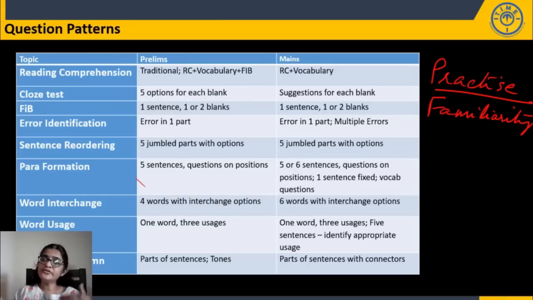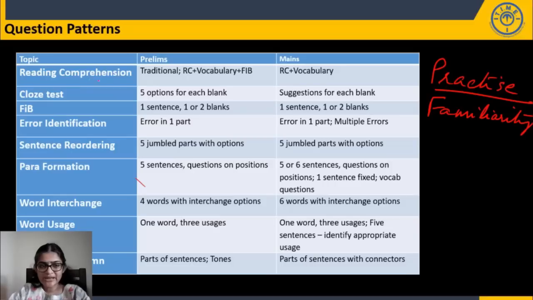Because then even if you get a variation on this pattern, you have enough practice and you will know how to handle a new presentation. Okay, if you are not at all familiar with these question types, then suddenly you see something, you will take some time to figure out how to handle this. You will have to develop your approach on that spot, and that is not good strategy. So keep practicing as many different patterns as you can. That is all you need.